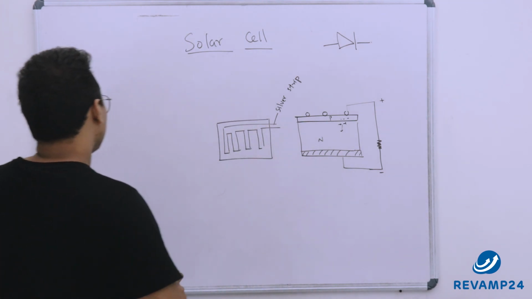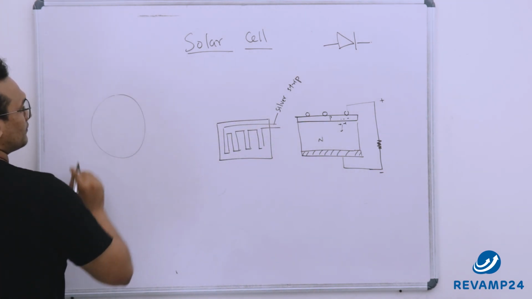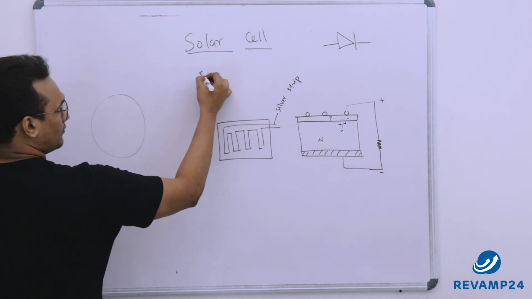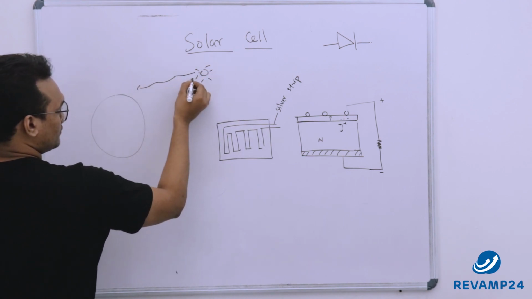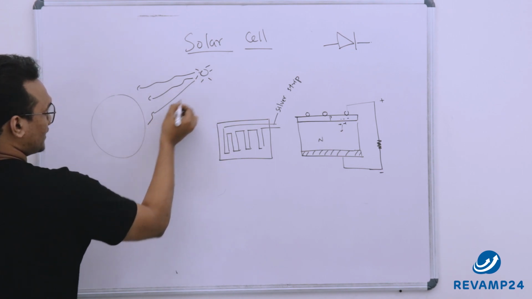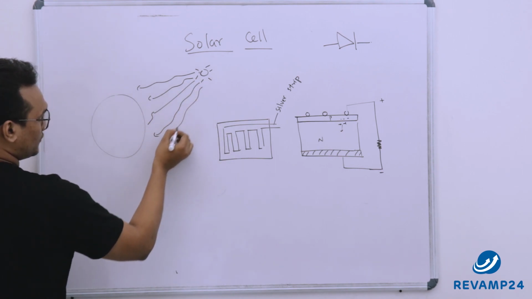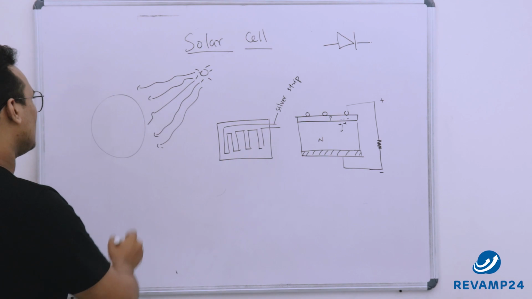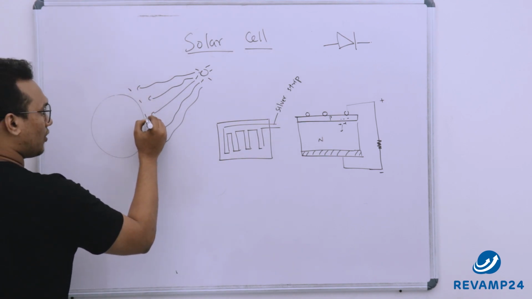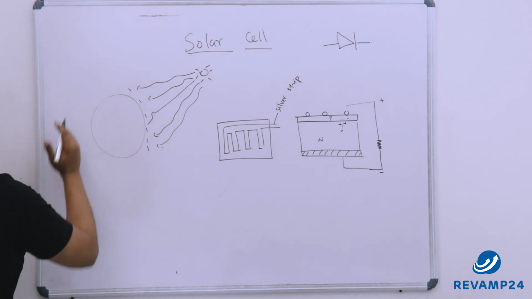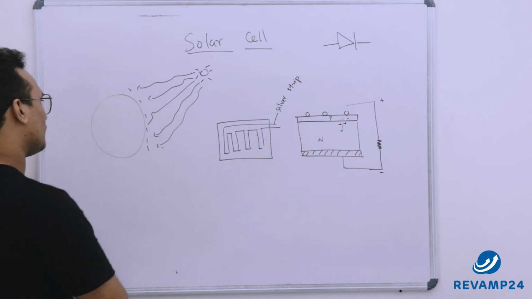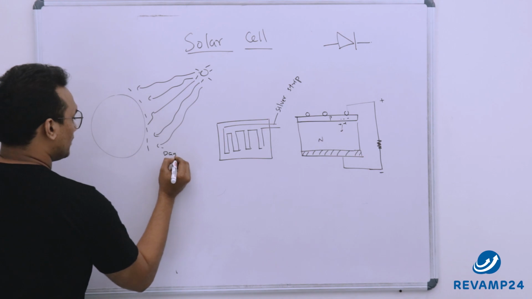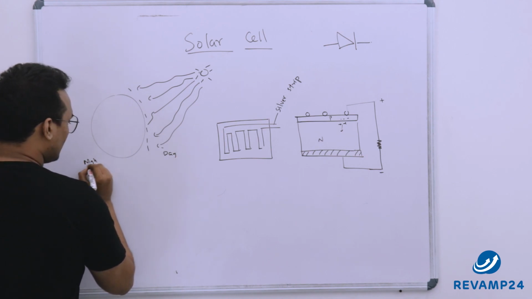So during daytime, we have light energy coming from the sun on one side of the hemisphere. On one side of the earth we have solar energy available, but on this side we have no availability of solar energy. So this side would be day, this would be night.